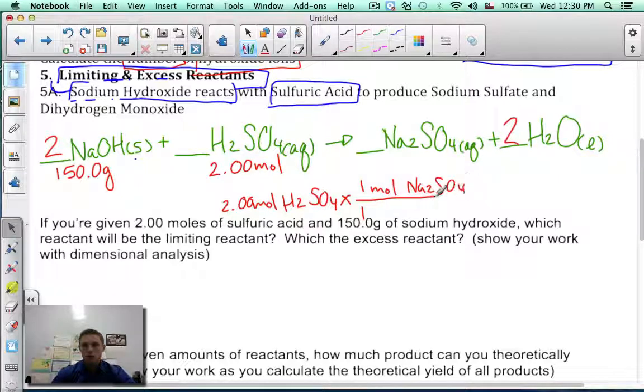Super easy to do that. So here's 1 mole of H2SO4, and there's 1 mole of sodium sulfate. So 2 times 1 divided by 1 is just 2. I don't even need my calculator for that. So I can produce 2 moles of sodium sulfate if I react all of the sulfuric acid.